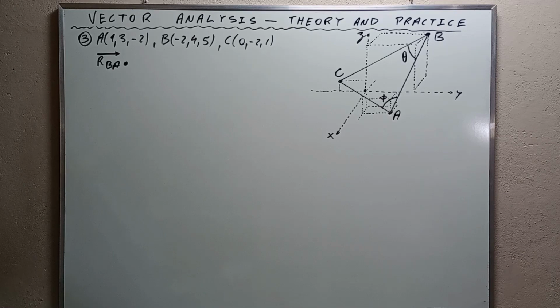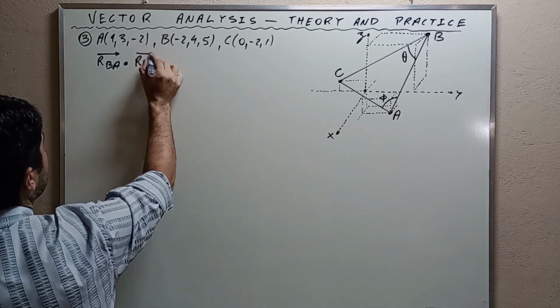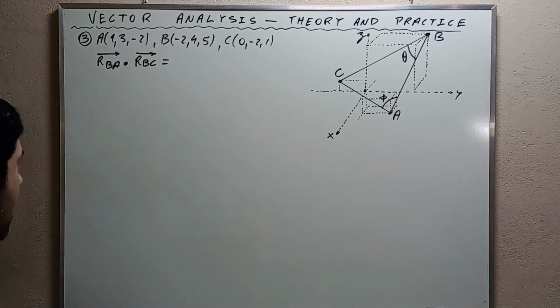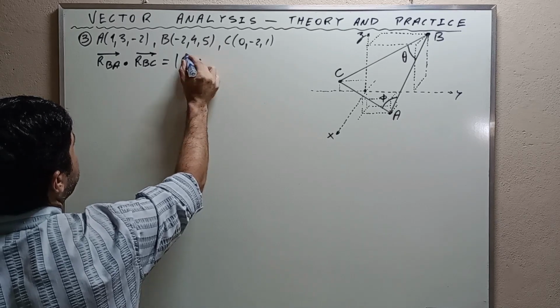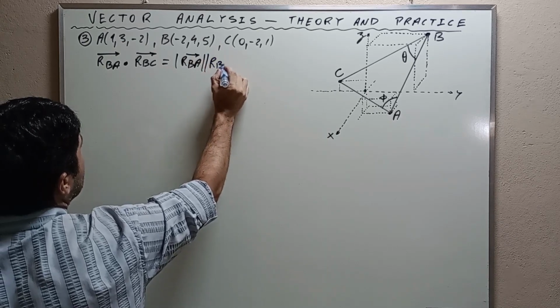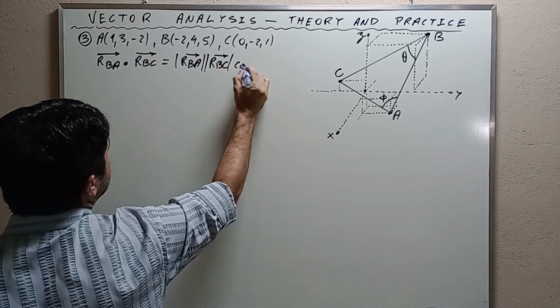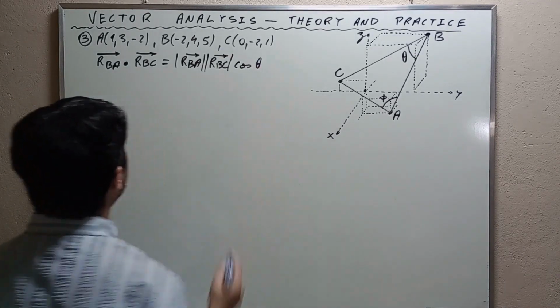So, we are going to use the definition of the dot product to calculate theta, and we are going to use that RBA in a dot product with RBC is equal to the magnitude of RBA times the magnitude of RBC times the cosine of the angle between them, okay? And this angle is theta.